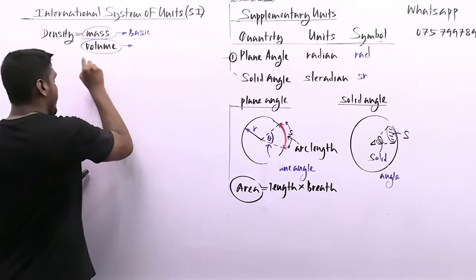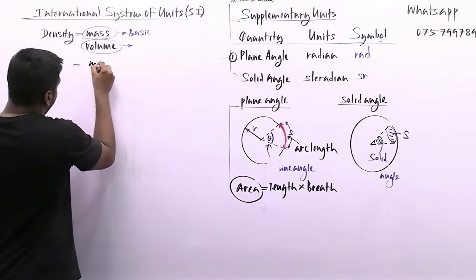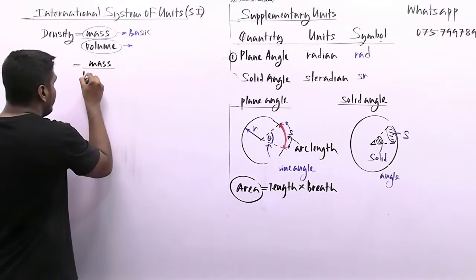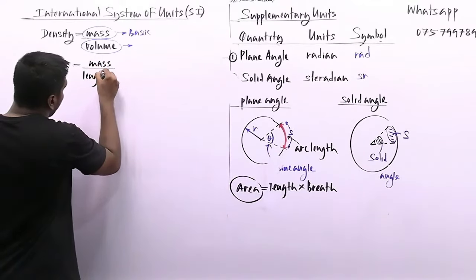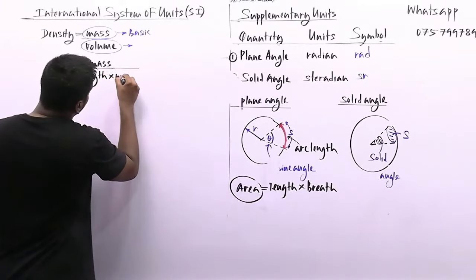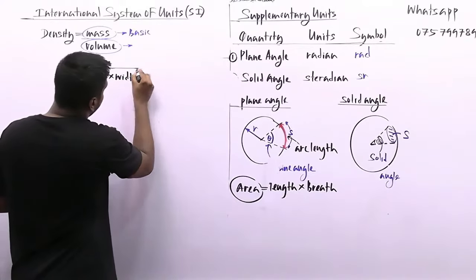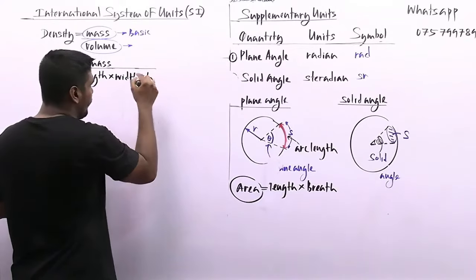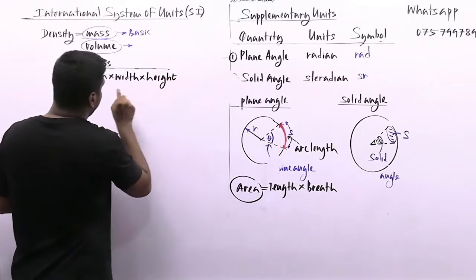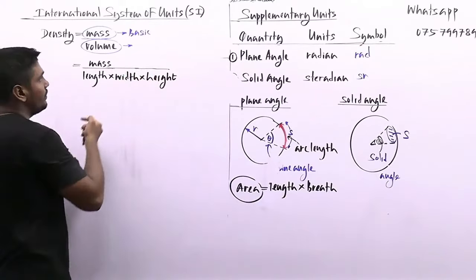Clearly, you can write down density as mass over volume, and volume means length into width into height. Length, width and height are all lengths, no?